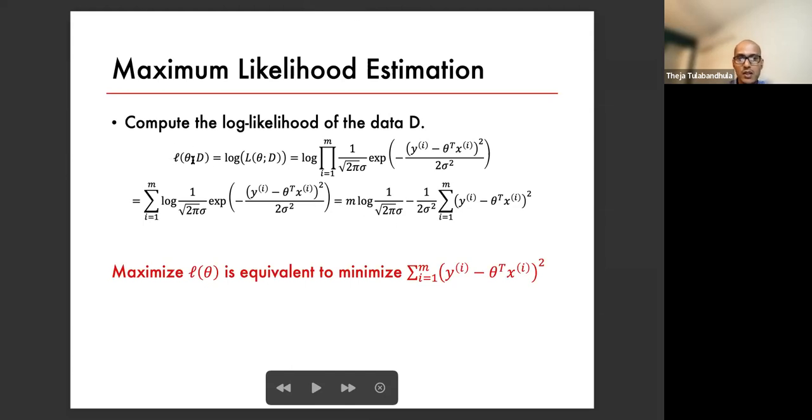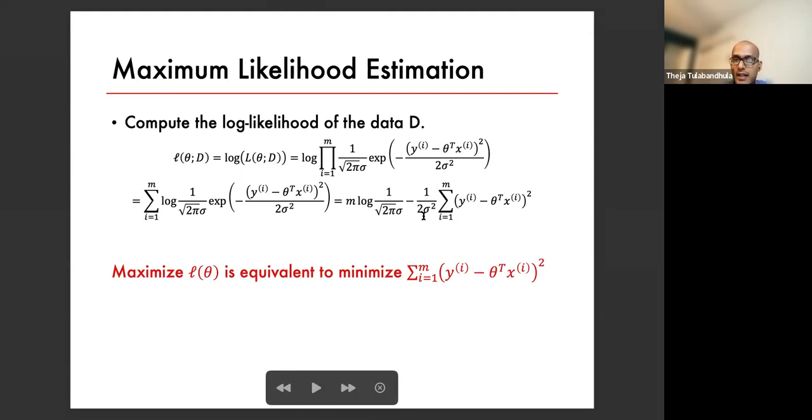So let's come back to the point we want to make. Maximizing L theta is the same as maximizing log of L theta, the log likelihood. Now the log likelihood is exactly this term, which I'm hovering over with my cursor. The first term has nothing to do with theta, so you can ignore that.